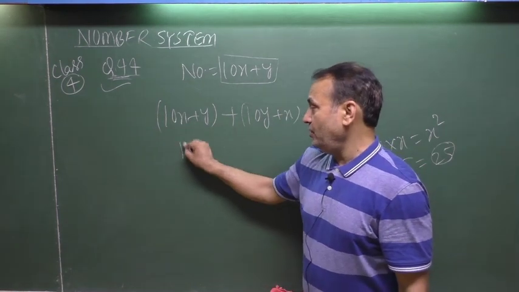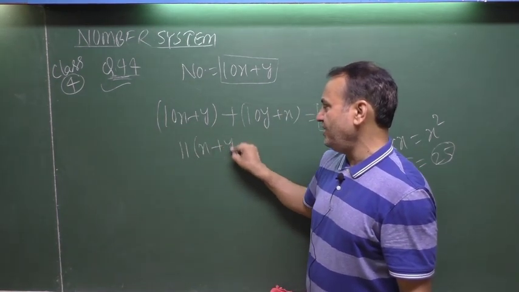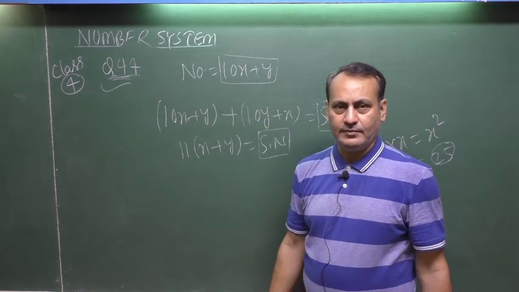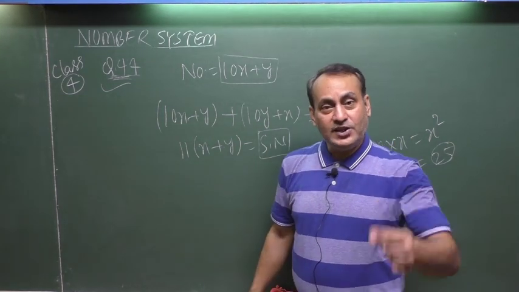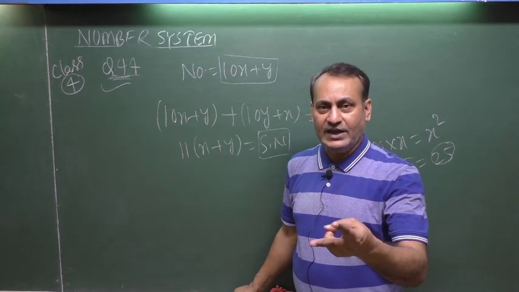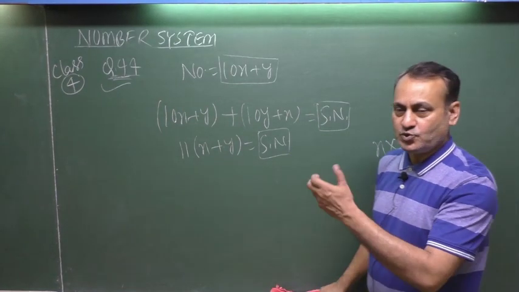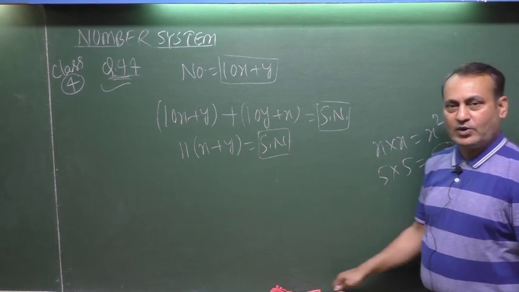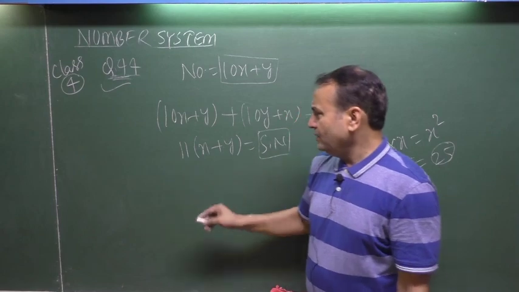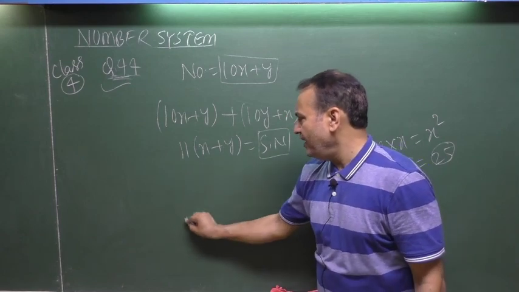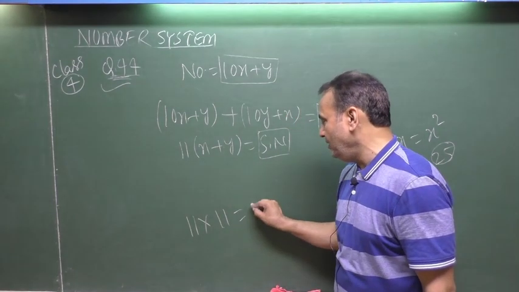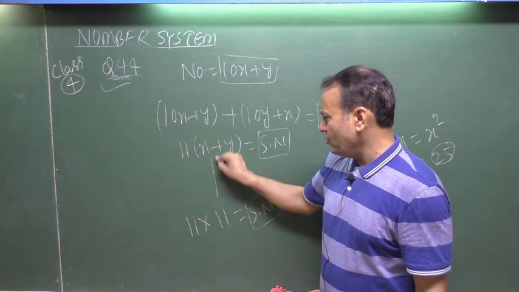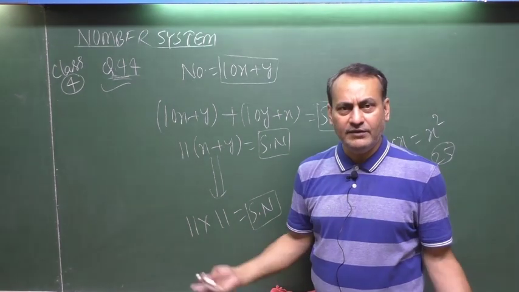If you proceed, this is 11 into x plus y equals a square number. The same number must be multiplied twice to get a square number. That means 11 into 11 equals a square number. This shows x plus y equals 11.